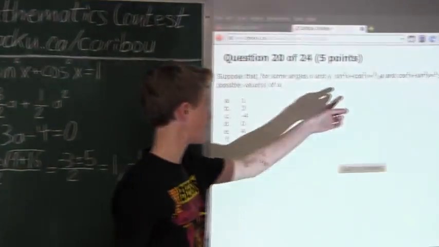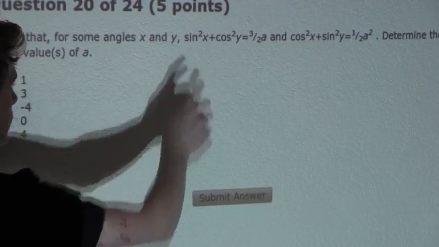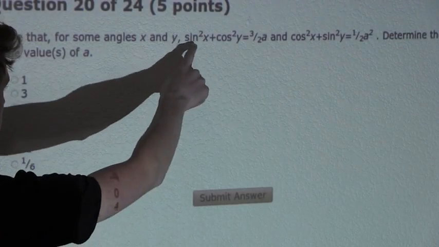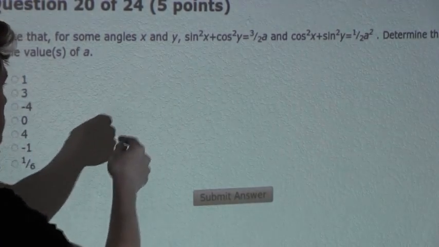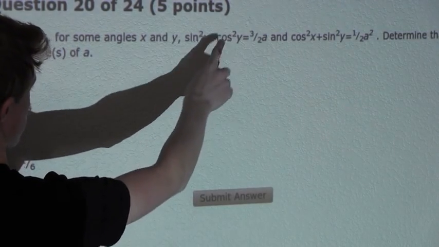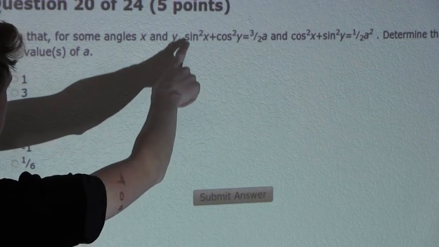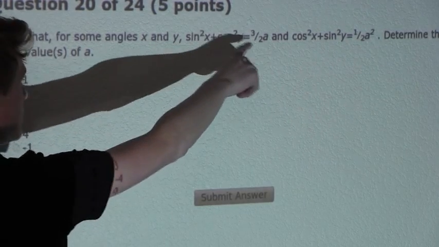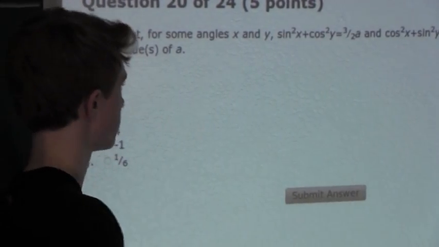So now let's look at the question again. So now we will look at this equation only. Since we know that this is a square because it is the sine of x, and that's squared, we know that this must be either 0 or positive. And then we have plus another square because we have the cosine of y, and that squared. So we have either 0 or a positive number plus 0 or a positive number, so we know that the sum must also be either 0 or positive.